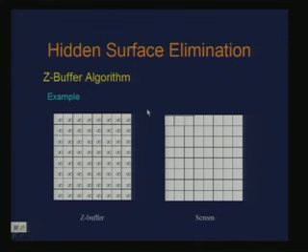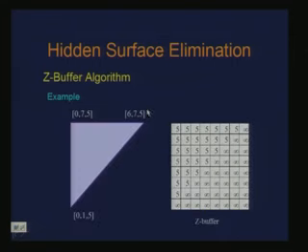Now, let us say I have this polygon which is to be drawn. This is polygon number 1 which is plotted. So, what we notice here is that the Z of all these points is the same, 5.